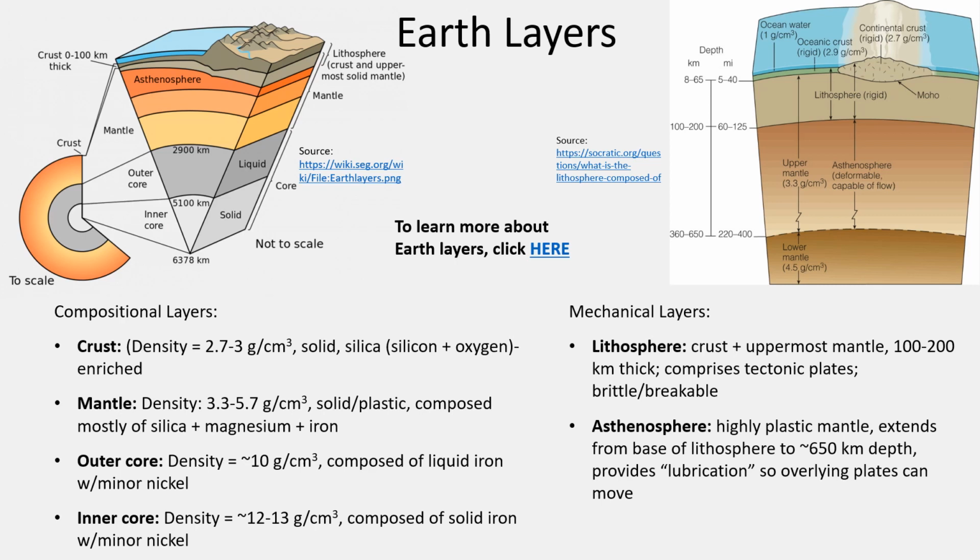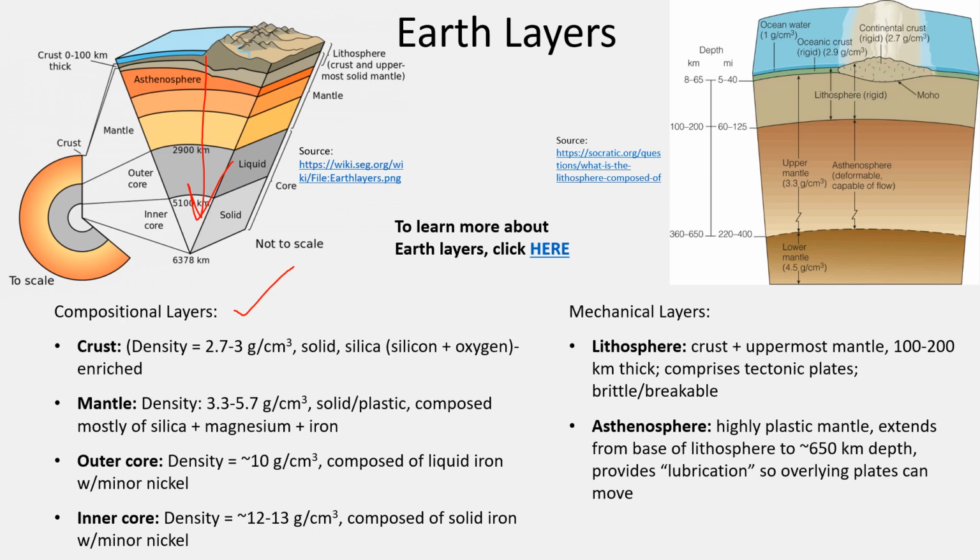We can speak in terms of compositional layers, where we distinguish from the outside to the inside, a crust, a mantle, an outer core, and an inner core. And you'll notice that density tends to increase with depth, and also that the different compositional layers are made out of different stuff.